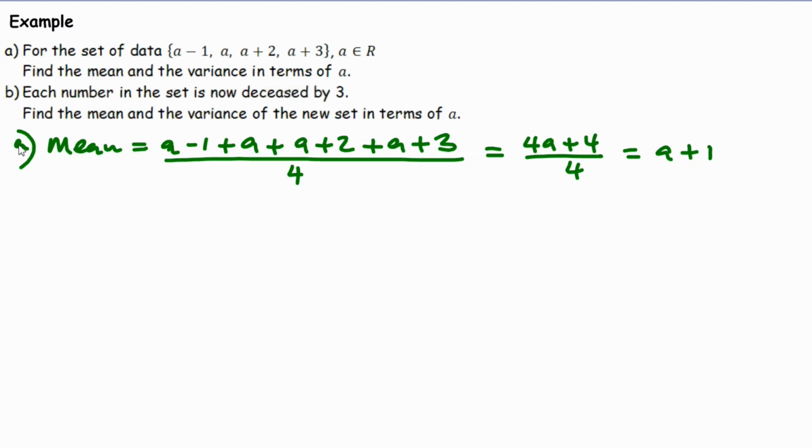And then to find the variance, we need to subtract the mean from each of these data points.